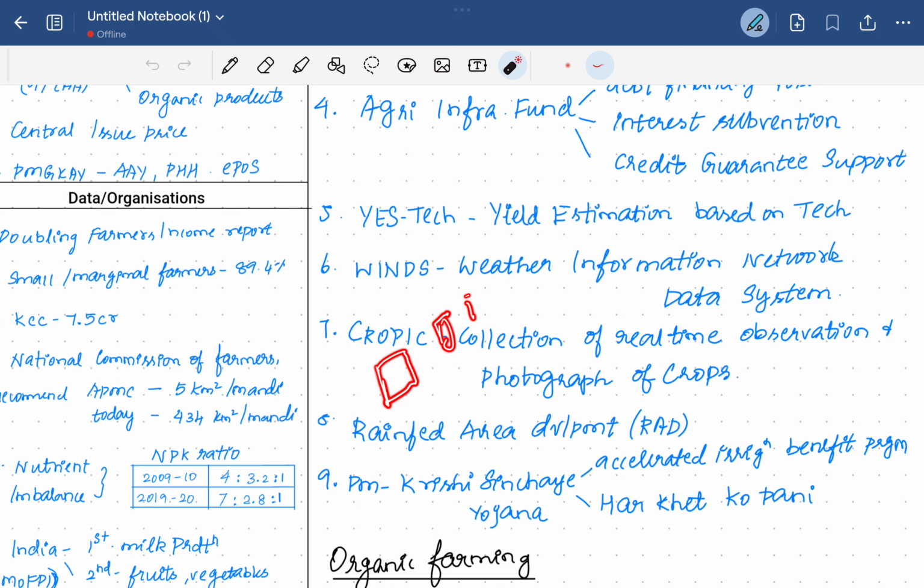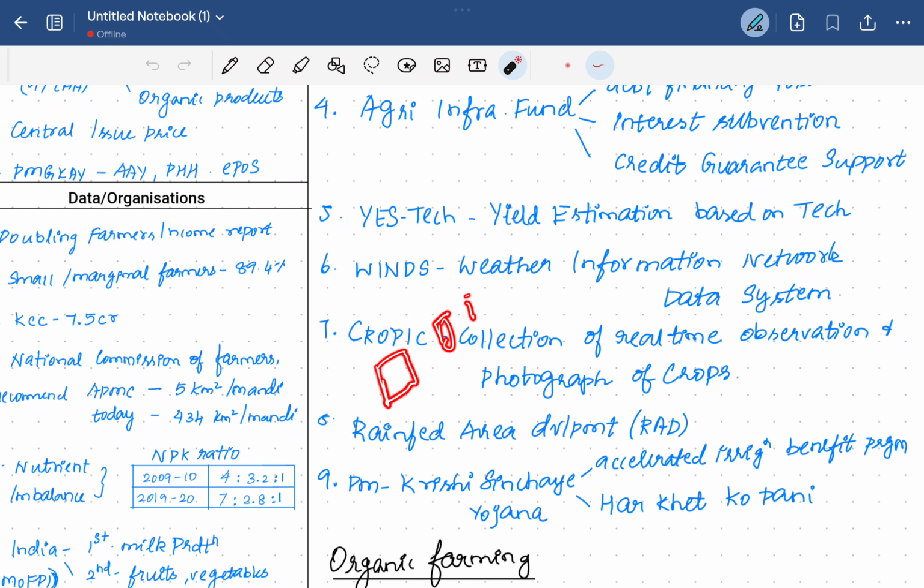If you just take a photo and analyze it, through this photo it is analyzed what fungus or pest attack is there, and through this it recommends the fertilizer or pesticide or herbicide which has to be applied to the plant. The app itself suggests it to you through this CROPIC platform.